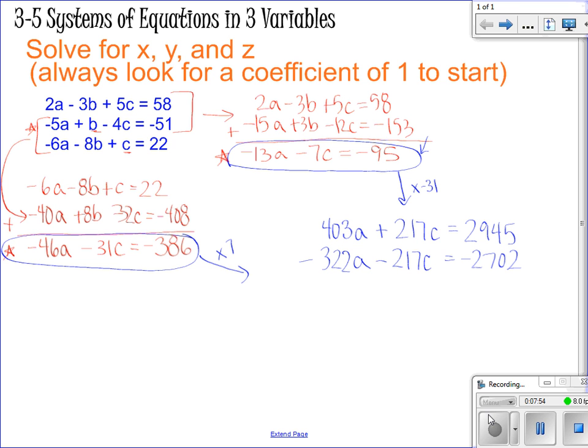So now we're going to do this again. Another elimination. Our C's are gone now. What do we have for A? What about here?